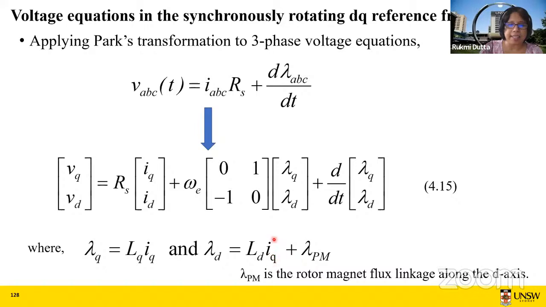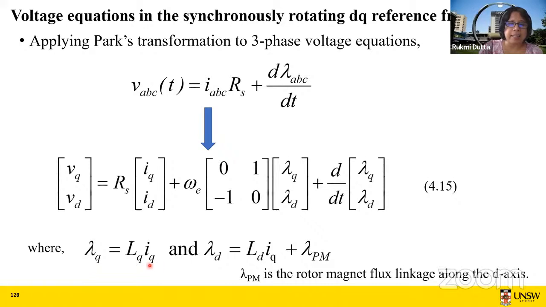Sorry, this would be ID, not IQ. ID plus lambda PM. So again in the d-axis, we have our PM flux linkage, okay?